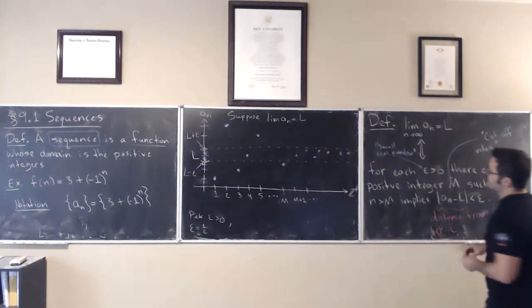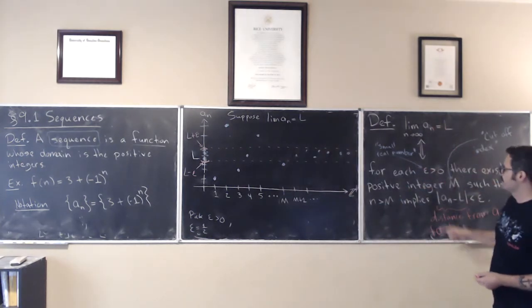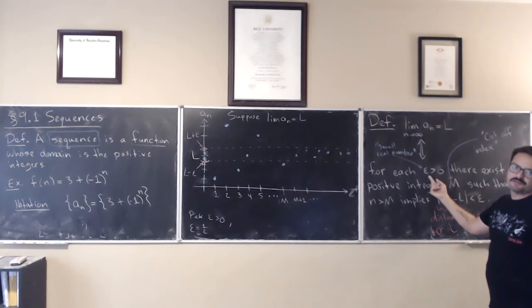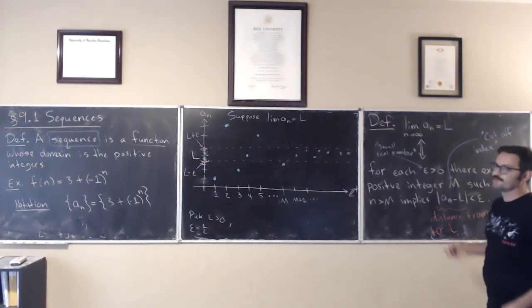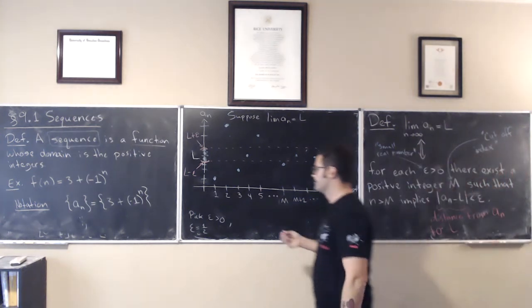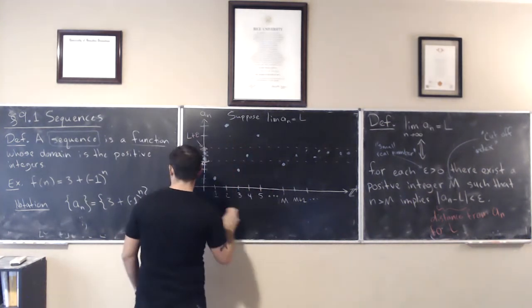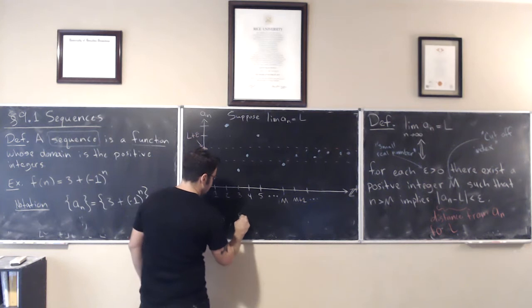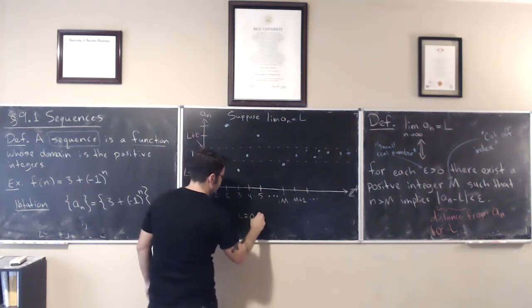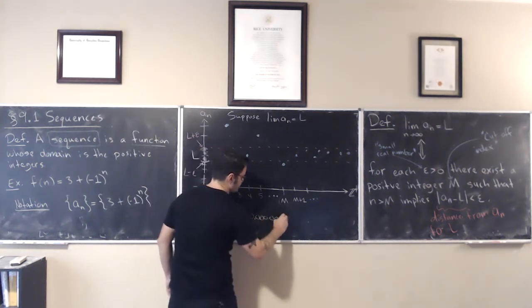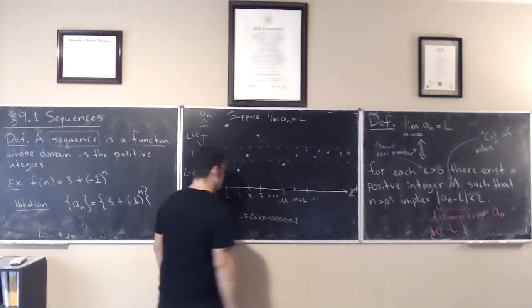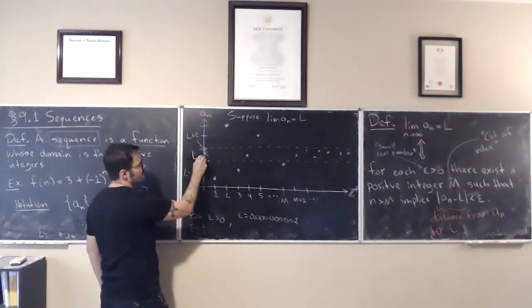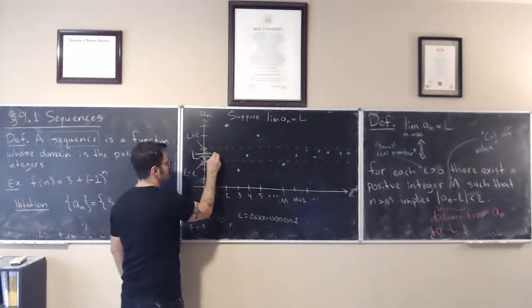Well, since we're assuming that this holds, we could pick an arbitrarily small epsilon. This has to hold for any epsilon greater than 0. So we could pick epsilon equal to like 0.0000000001. And then there'd be a smaller interval, possibly around L, like a tiny little interval.